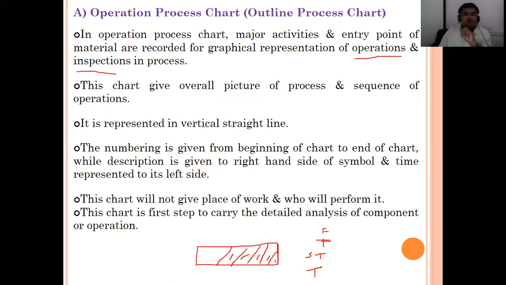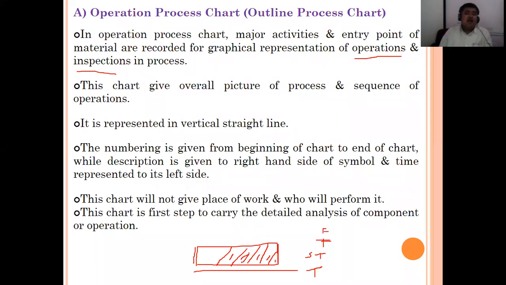That we should know, because once threading is done, and if you put this thread into the chuck again, because of that chuck pressure, that thread is going to be damaged. Is it right? That's why we go for facing, then turning, and at last, whenever no other operations remain, at that time I should go for threading.